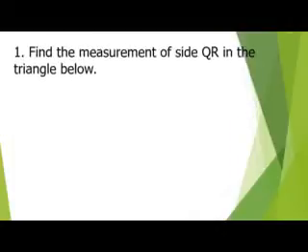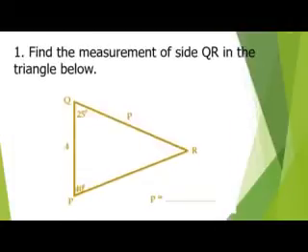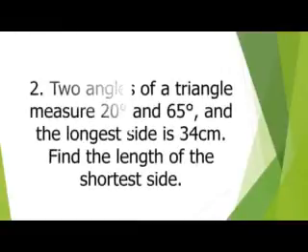Number 1. Find the measurement of side QR in the triangle below. Number 2. Two angles of a triangle measure 20 degrees and 65 degrees, and the longest side is 34 centimeters. Find the length of the shortest side. Number 3.